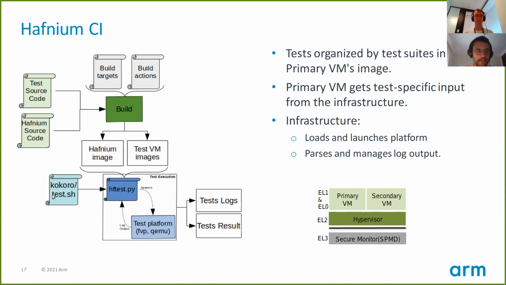In order to execute these tests, in Hafnium you can find the test.sh script, which basically specifies the test VM payloads that the HFTest Python script should use. This script would, in its turn, spawn testing platforms loading the respective test images. It would grab the log output, organize it in the file system, and determine the test results.